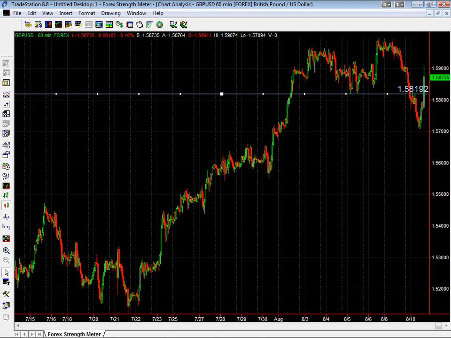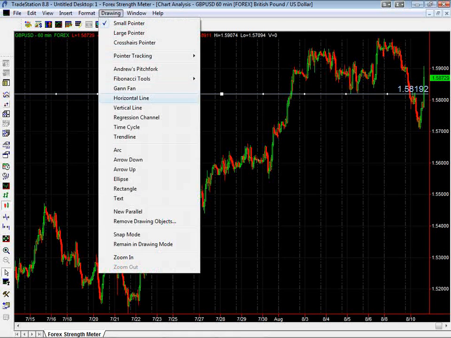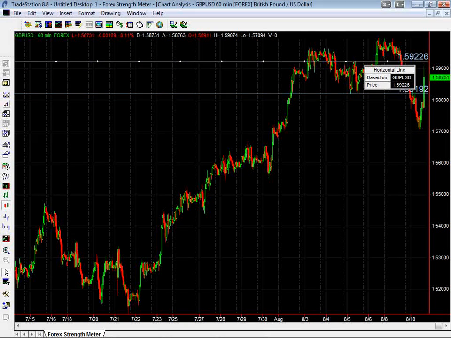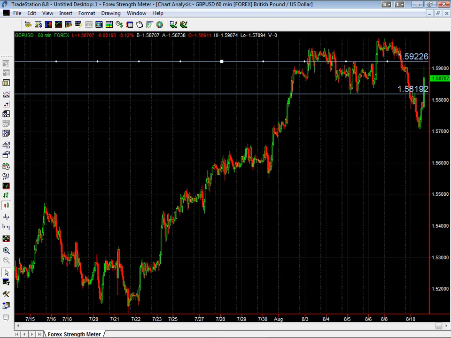Even these support-turned-resistance lines out here, support, now resistance, support, fall into 1.5925. That's why I believe 1.5925 is a very good handle.